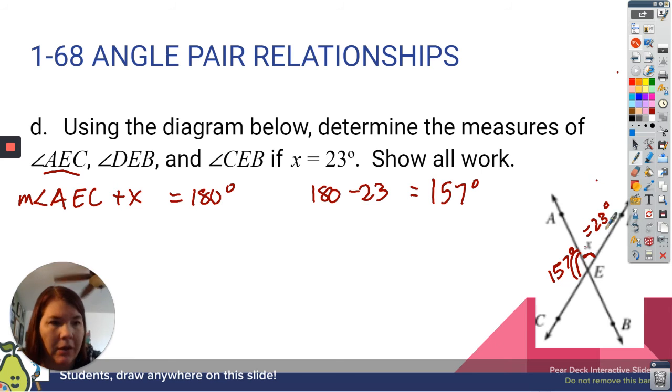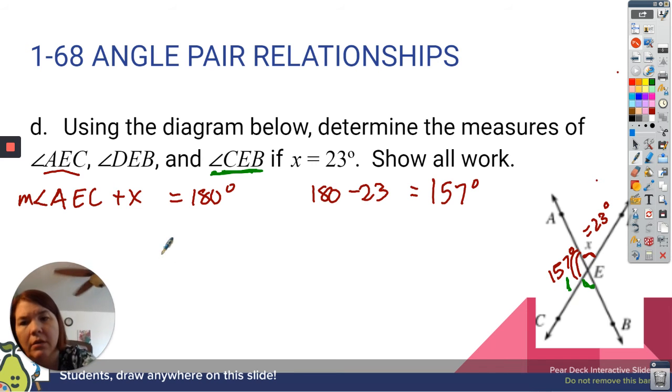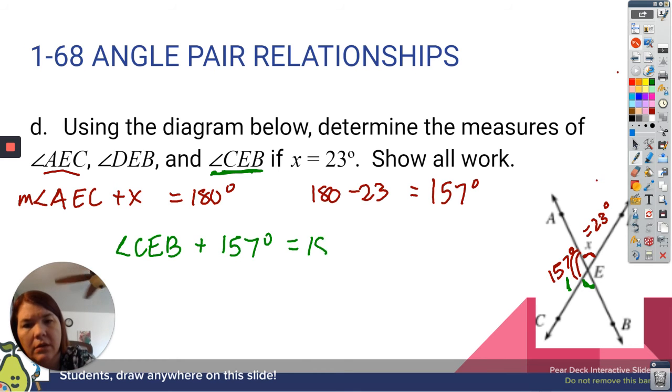And so, because they make a linear pair, and then this angle right here, which is the next one it asked for, CEB, that's that one. That angle and this red one I just found are a linear pair. So CEB and the one I just found, 157, equal 180.